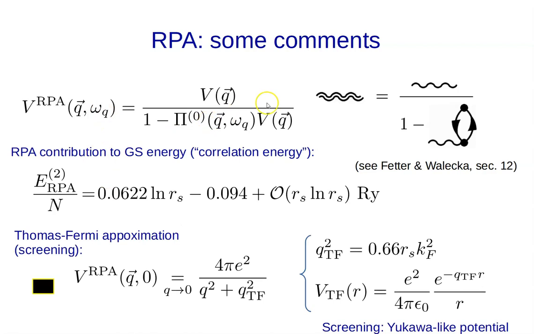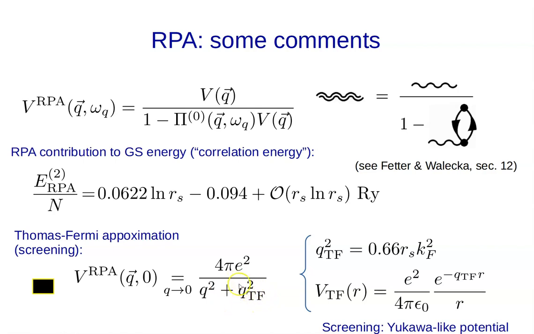Now, going back to this issue of the cutoff, I'm going to argue, with some back of the envelope calculations, that in the limit of zero frequency and small q, this has a particular form. Instead of just 1 over q squared, it will be 1 over q squared plus a constant, which is sometimes called the Thomas-Fermi momentum.